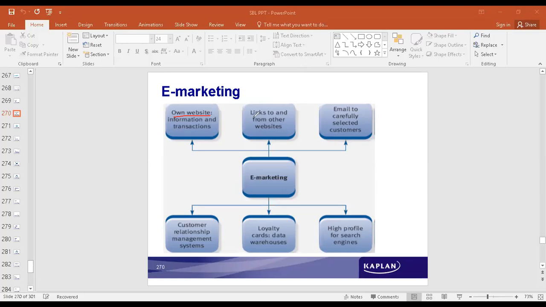Or you use links to and from other websites. So they do not have their own website, but there is a link provided on others' websites through which the traffic will be routed to whatever is the activity that has to be taken up. So links to and from other websites is another way of marketing.